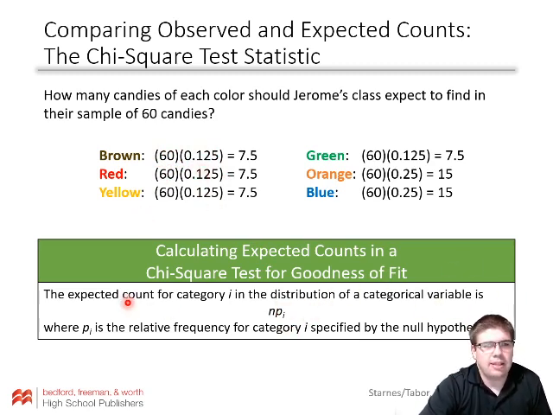So the expected count for each category in the distribution of a categorical variable is N times P. We take N times that corresponding proportion, where P sub i is the relative frequency for category i specified by the null hypothesis. So basically just multiply by each proportion to get the amount that you would expect.